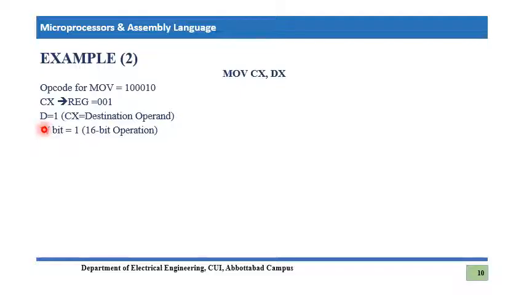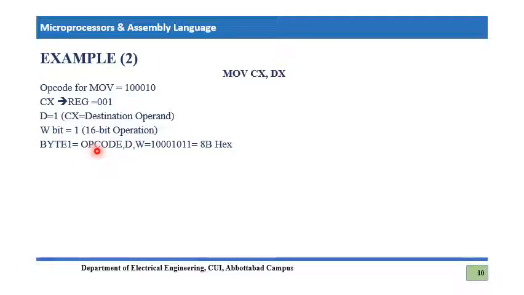The next bit is the size bit or W bit, and that is equal to 1 because it is a 16-bit operation. In the earlier two examples we discussed 8-bit operations, so the W bit was simply 0, but in this example it is a 16-bit operation, so the W bit will become equal to 1.